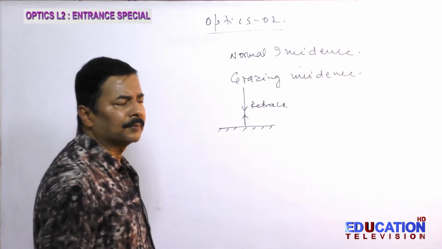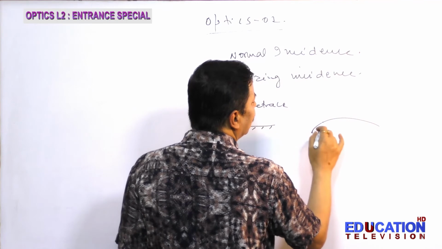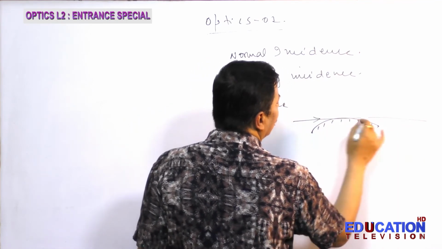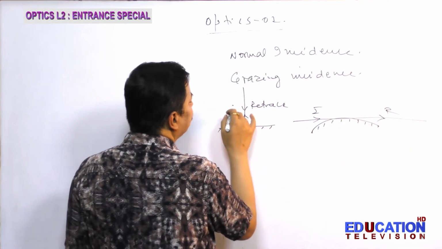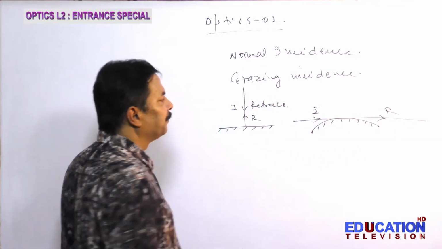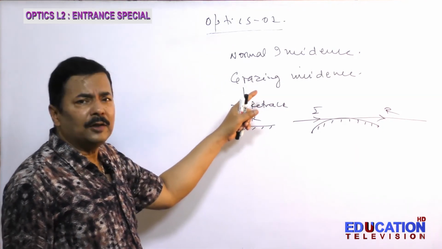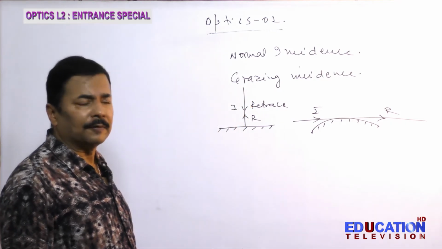Whereas in grazing incidence, this is the way the ray is going, this is the incident ray and this is the reflected ray. This has a wide variety of use in your discussion of reflections.